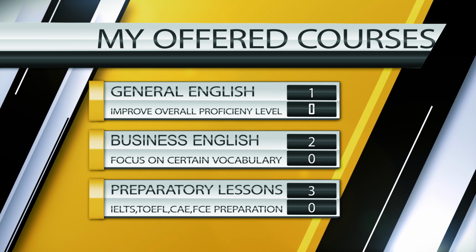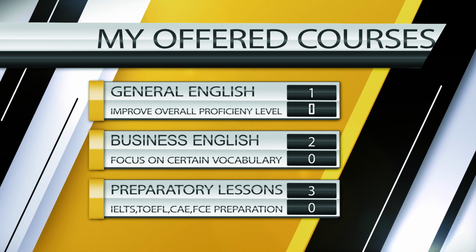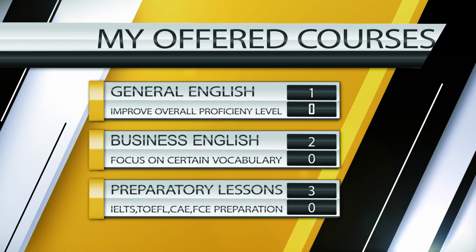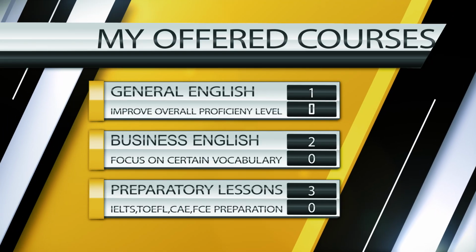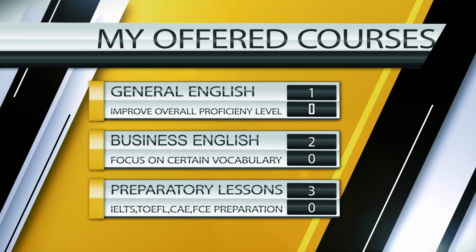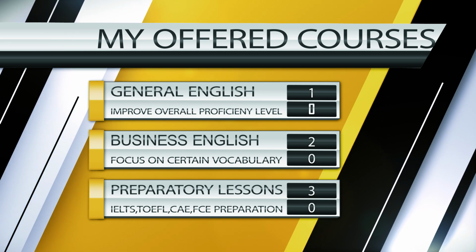Then we have business English for students who want to improve their English skills for work purposes or for growing a business or certain things like this. And the third course that I offer is the preparatory levels or the certification preparation classes, whether that would be IELTS, TOEFL, or CAE.